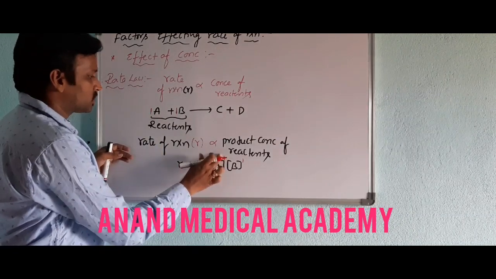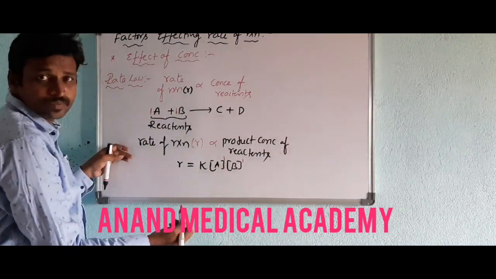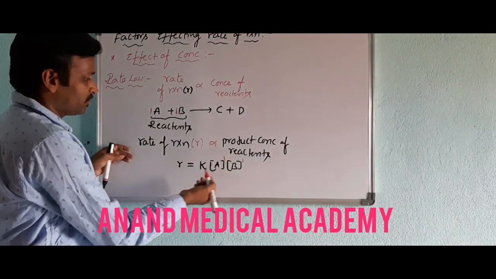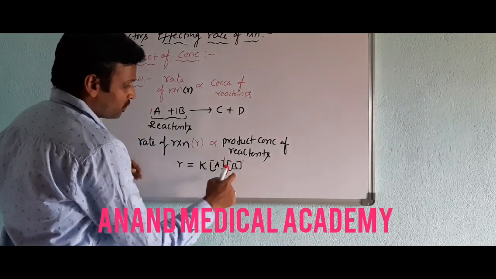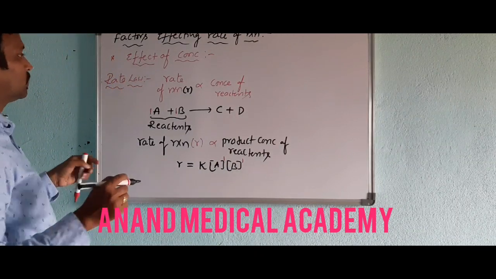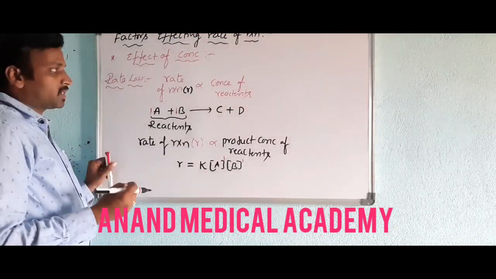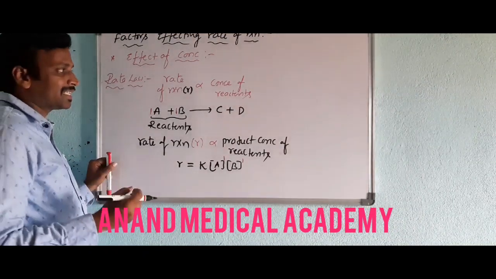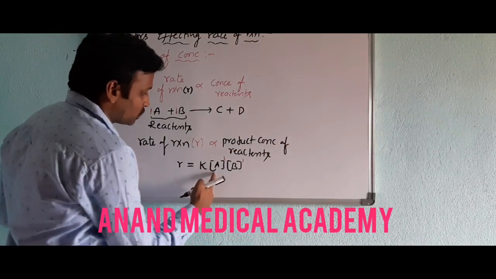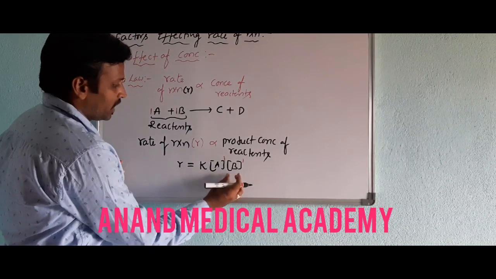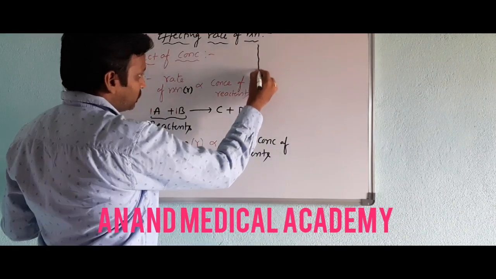If it is 2, then instead of 1 you have to take 2, because that many moles will influence the rate of reaction. So R is equal to K into the concentration of A into the concentration of B. This is the rate law: at a particular instant, the rate of reaction is directly proportional to the product of concentrations of reactants. R is equal to K[A][B]. So what exactly here?